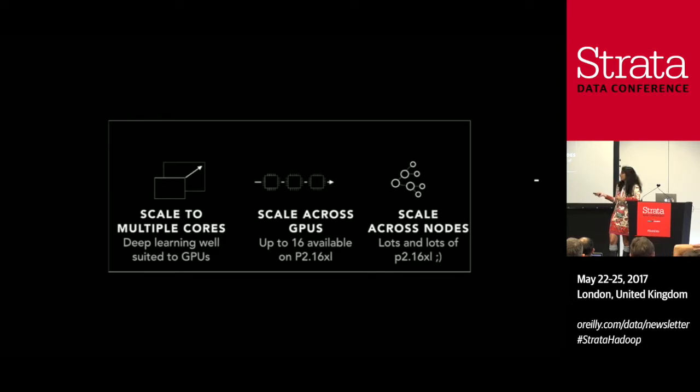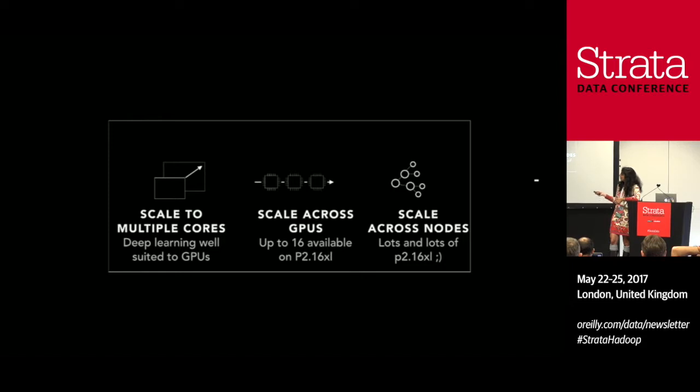So one is scaling within a GPU, right? A GPU has thousands of cores, and how to do parallel operations within that is optimized by the CUDA libraries. This is why GPUs are much better than CPUs for most of these matrix operations.